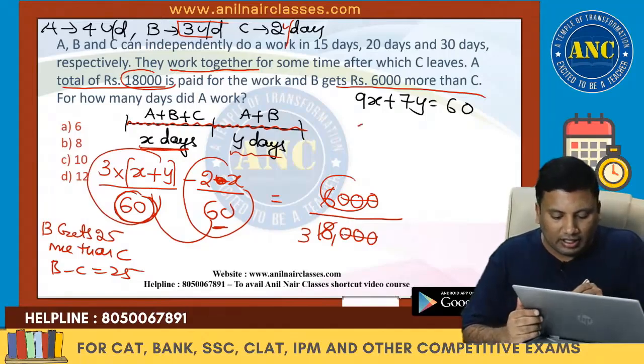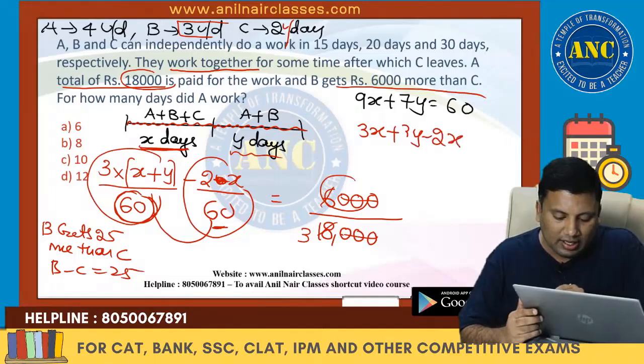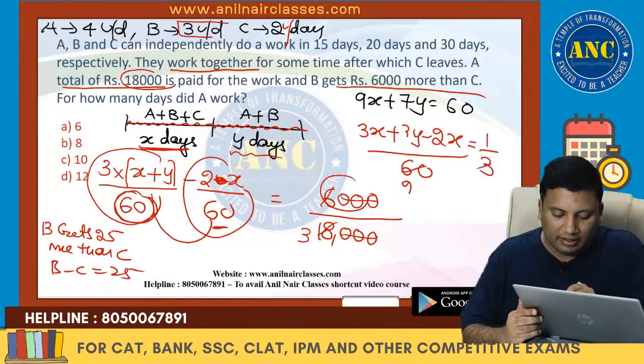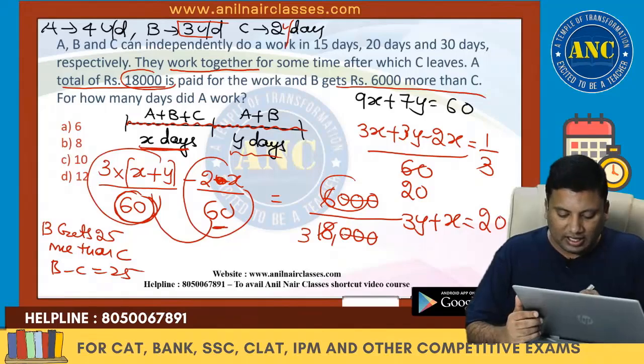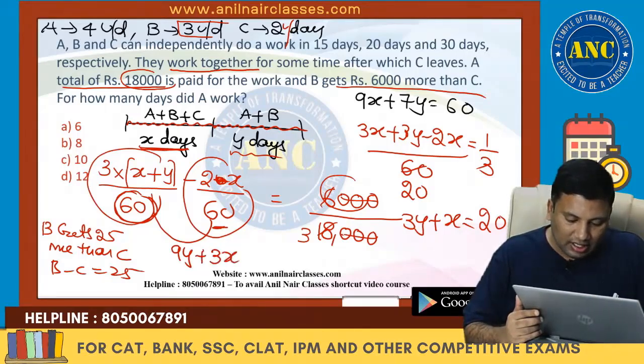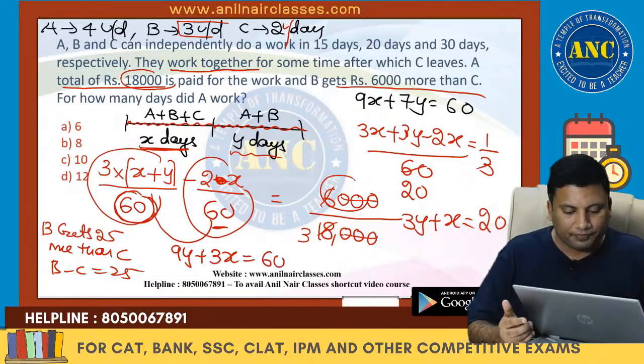So 3x plus 3y minus 2x by 60 is equivalent to 1 by 3. It is nothing but 20. This is 3y plus x, because 3x minus 2x is plus x. So 3y plus x is equivalent to 20. If I multiply by 3, 9y plus 3x, it is nothing but 60.